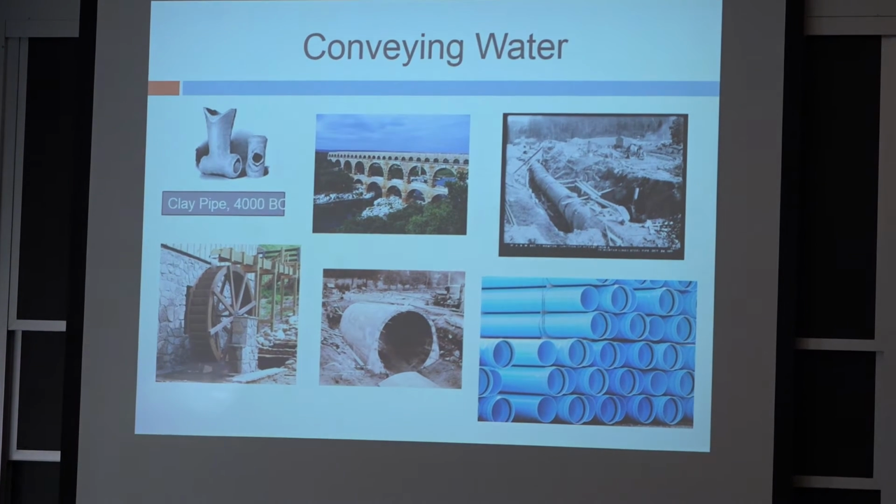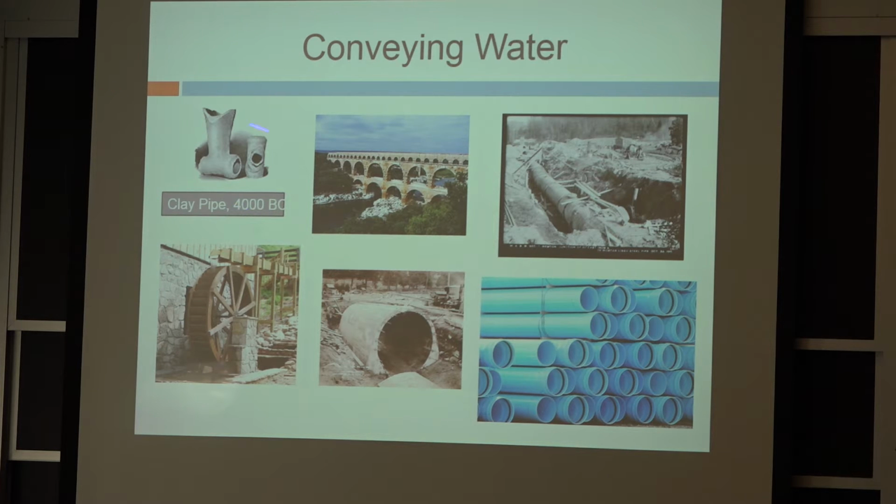All right, one of the best examples is conveying of water. If you look at the top left figure here, clay pipes in 4000 BC. And why did they make them out of clay pipes? Because that was what was available, right? You didn't have steel mills, you didn't have factories to make these things.